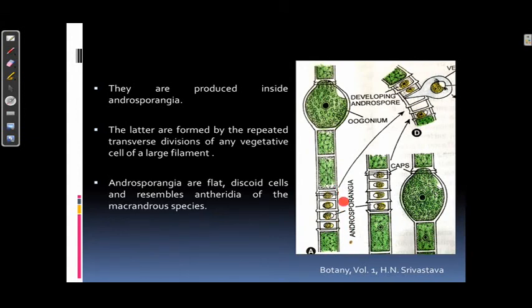Androspores, students, are formed inside a sporangium, which is known as androsporangium. Any vegetative cell undergoes transverse division to form flat discoid cells which almost resemble antheridia of the Macrandrous species.